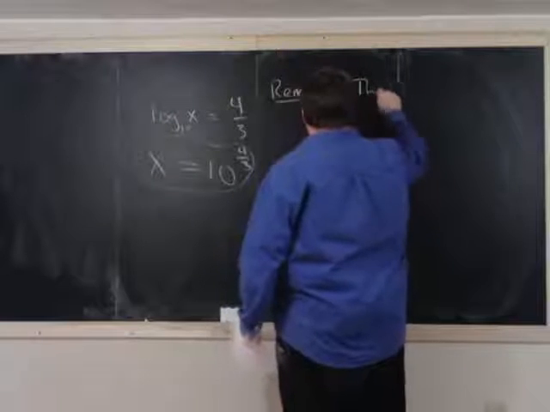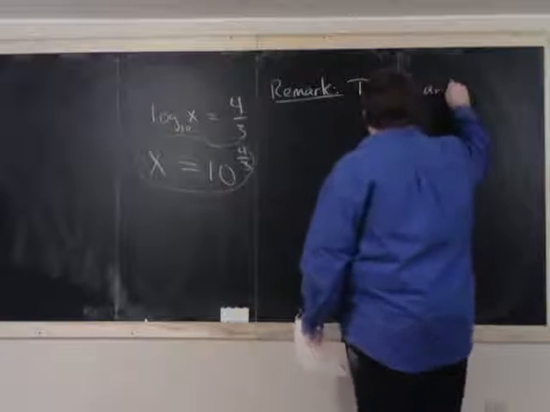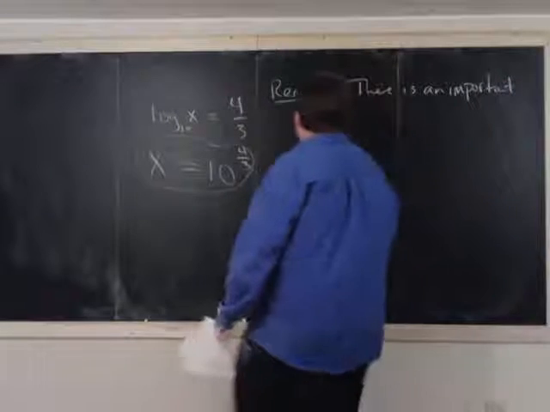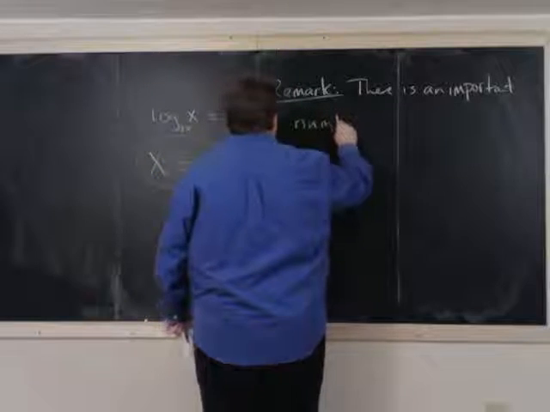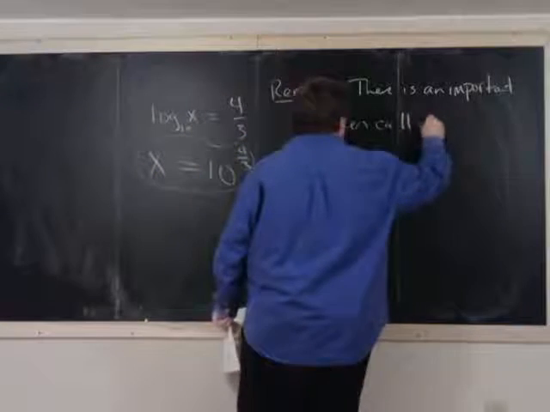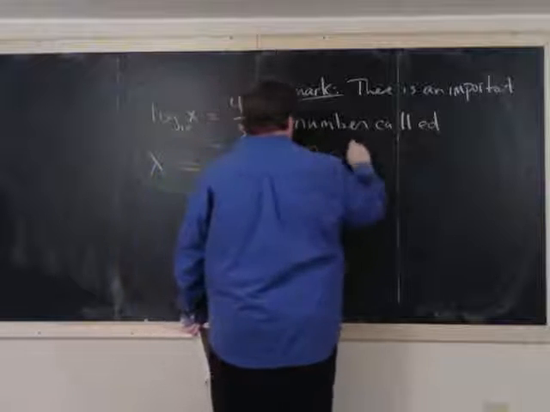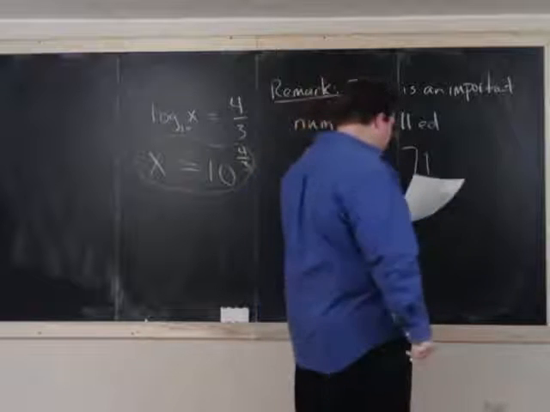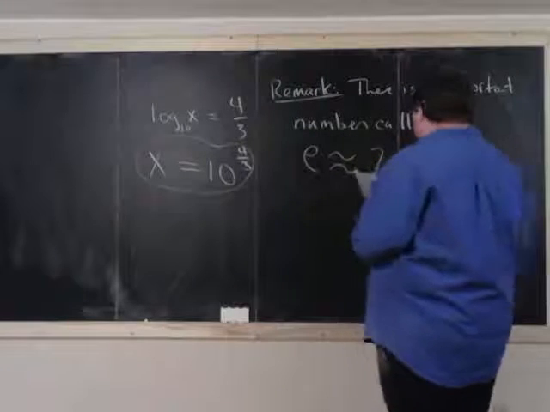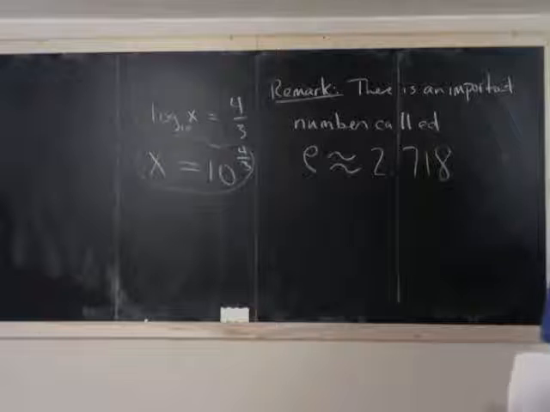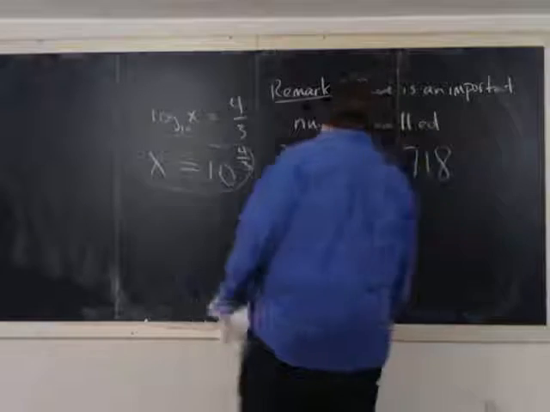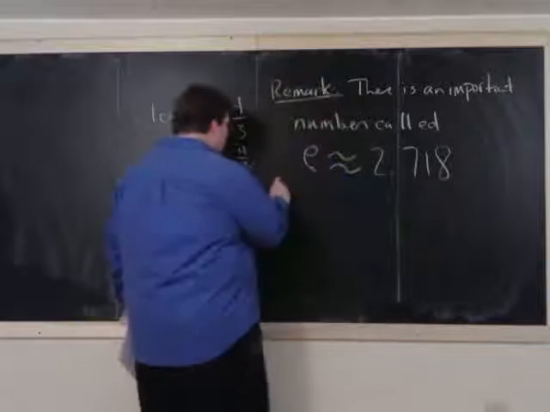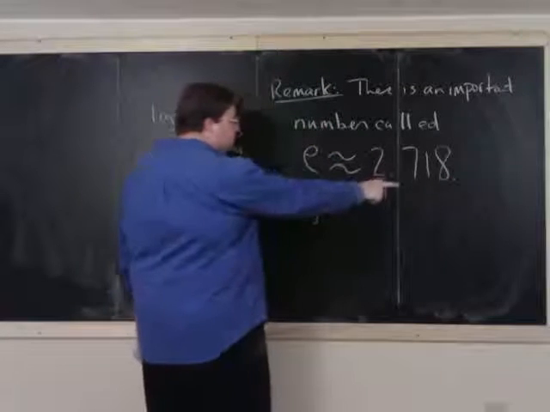Remark. There is an important number called E, which is approximately 2.718. That's all I wrote in my notes. I don't know after that. There's an important number called E. And log with this base E, notice that's larger than 1.